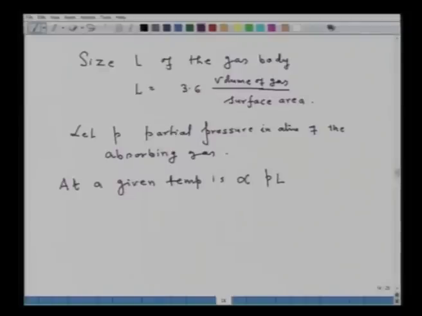From the composition of the products of combustion, you determine the partial pressure of that gas. That is, if the total pressure is equal to 1, you find the concentration of CO2 or H2O and then the partial pressure of CO2 or H2O, whichever is under consideration.